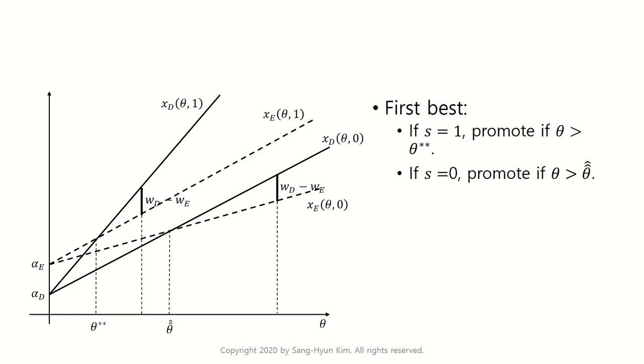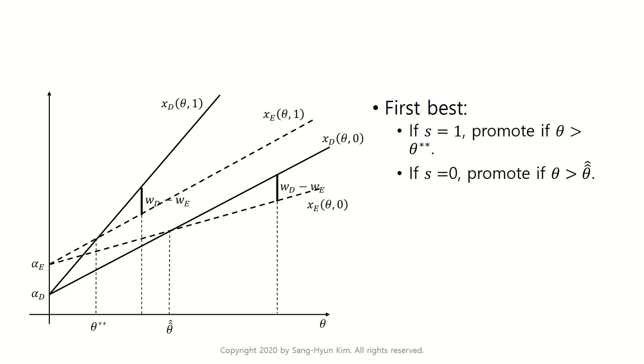Here is the answer. Let's think about the first best contract, the first best promotion strategy. The first best promotion strategy of the principal should look like this. Let's look at the diagram on the left hand side. You may want to promote the worker if theta is greater than theta double star or theta double hat, right?